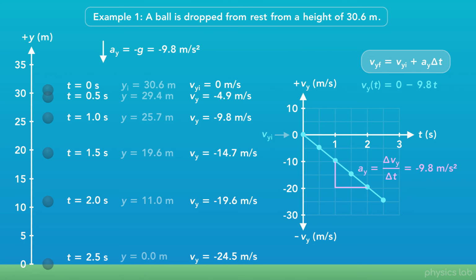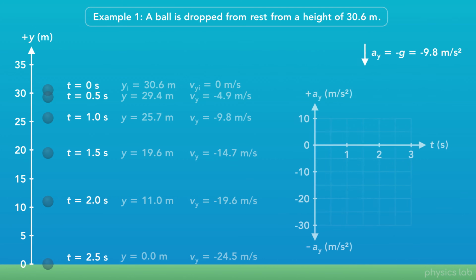After each second, the velocity decreases by 9.8 meters per second, or we could say it increases in the negative direction. And the velocity would keep increasing in the negative direction if the ground wasn't there to stop the motion.